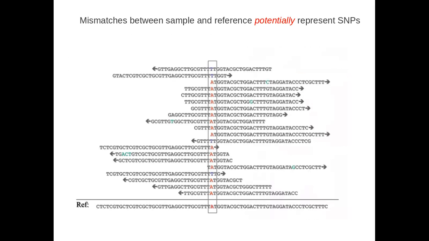So let's move on. I showed you this slide a minute ago about a sample potentially having differences from a reference. I say potentially simply because there are lots of reasons why a site like this might not actually be a real SNP.